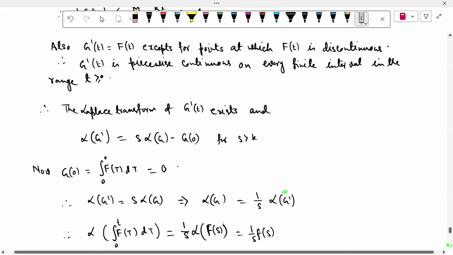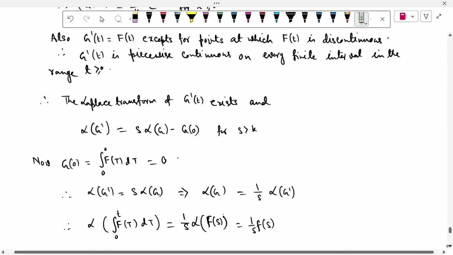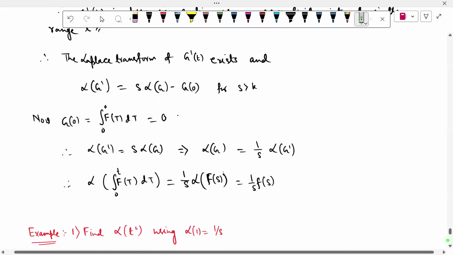And what is g dash here? g dash is just the original function. So L of the integral from 0 to t, I just put the value of g. This is your g, and g dash will simply be f. So this is 1 by s times L of f, because derivative and integration are inverse to each other. So g dash is actually f. So we put this value and we get the result.